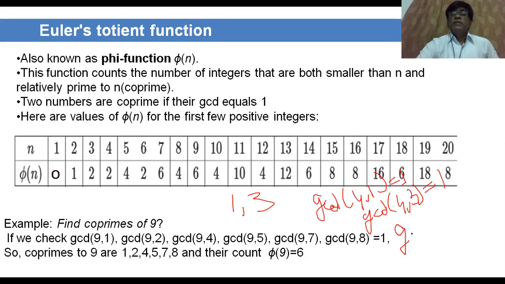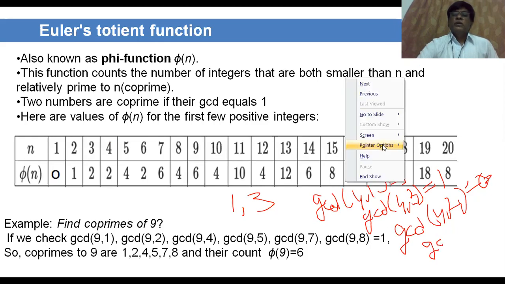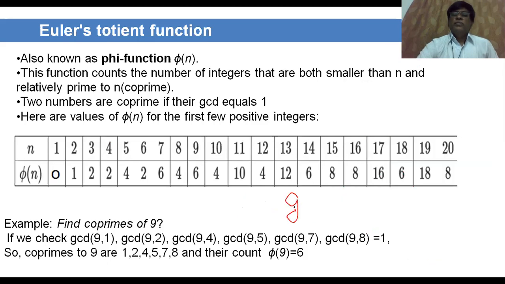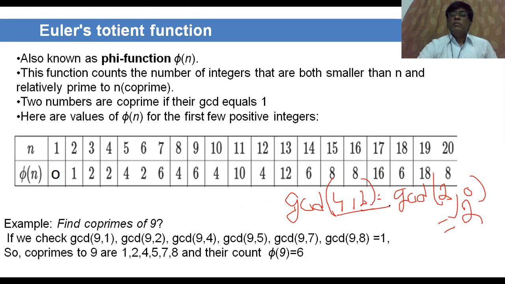But for 4 and 2, the remainder is 0 when dividing by 2, so GCD of 4 and 2 is 2, it's not 1.